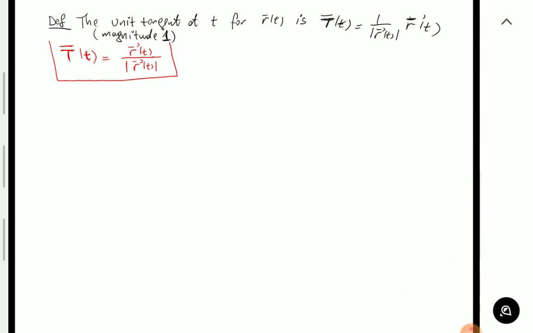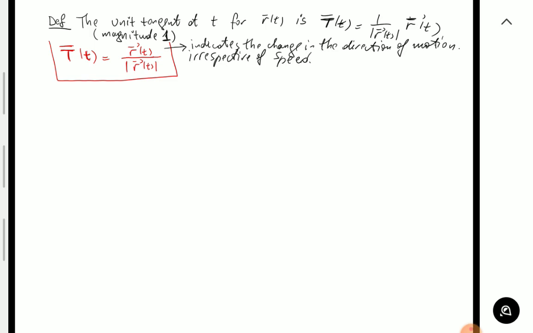And remember, the use of this is a vector that indicates the change in the direction of motion, irrespective of speed, right? So if you want to track just the change in direction, then you're looking at the unit tangent.